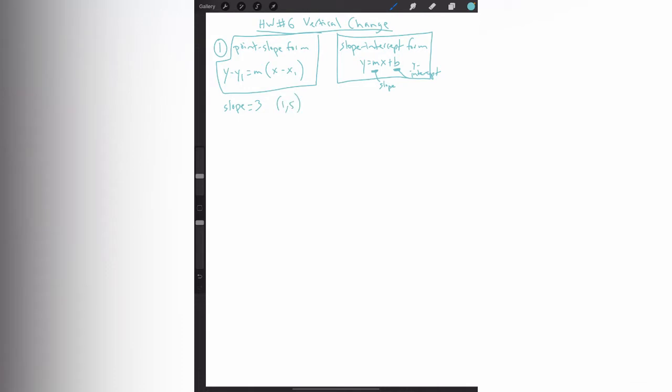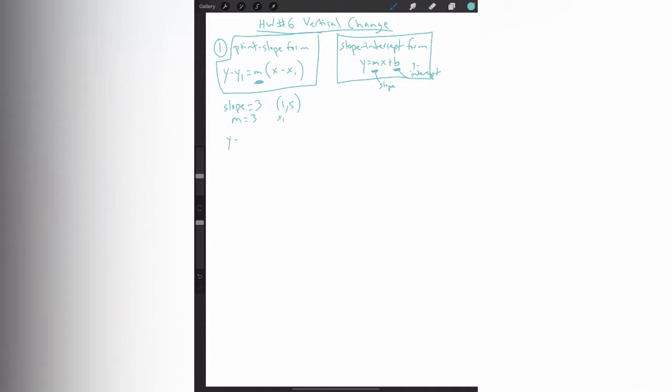So I'm going to write an equation of a line that goes through this 1, 5 point but has a slope of 3. And remember, another way of writing slope is by writing the letter m, and then saying m is equal to 3. So I have an m right here, so I'm just going to substitute that in. Y minus, well, what's y1?